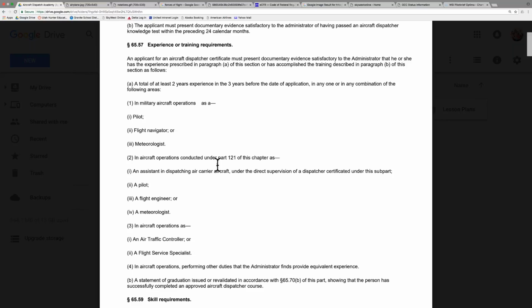Some of the other ways to get a dispatch license are things like if you were in the military and you were a pilot, flight navigator, or meteorologist, then you qualify for an aircraft dispatch license. You just have to go and take the practical and the ADX and show that you are sufficient in your knowledge of dispatch, and you could walk away with a dispatch license.